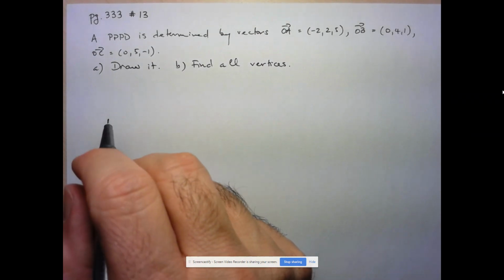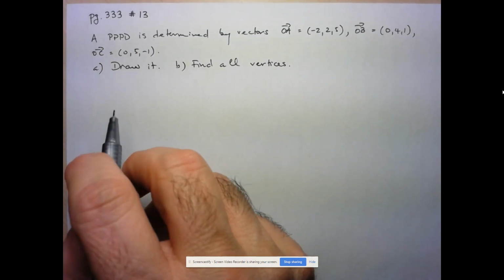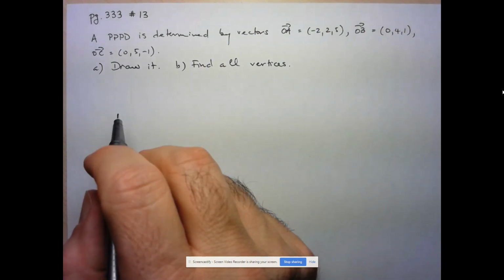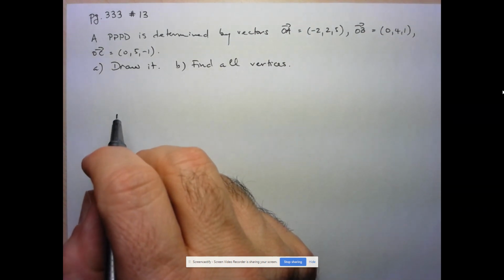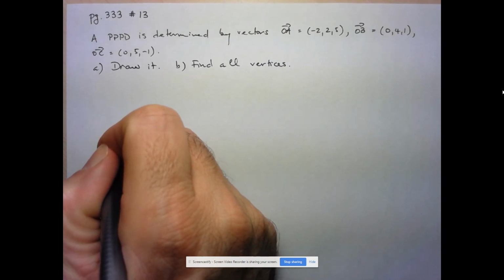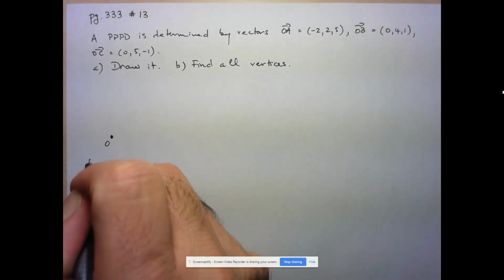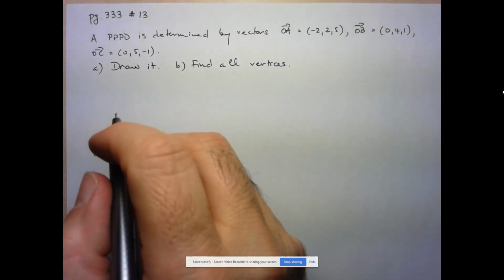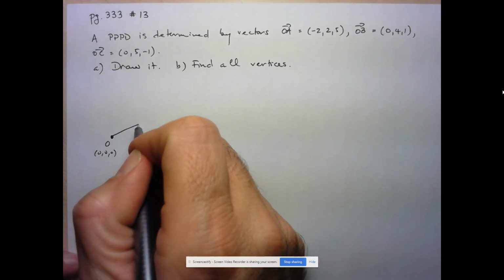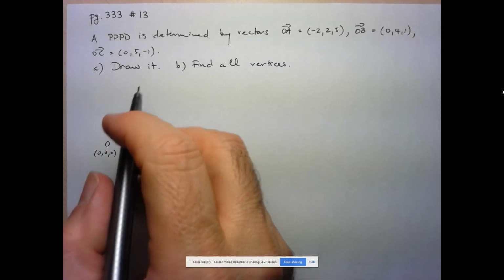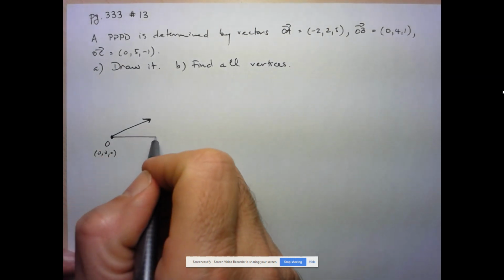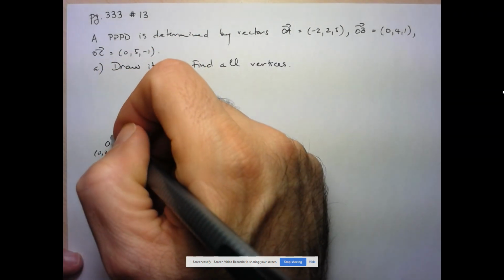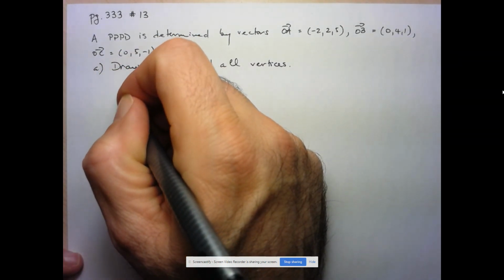So I'll start by drawing it. Again, I'm going to make no effort to draw it accurately in 3-space. I'll just call this O, which is 0, 0, 0. So here's one of our vertices. We'll have vector OA, vector OB, and then vector OC there.